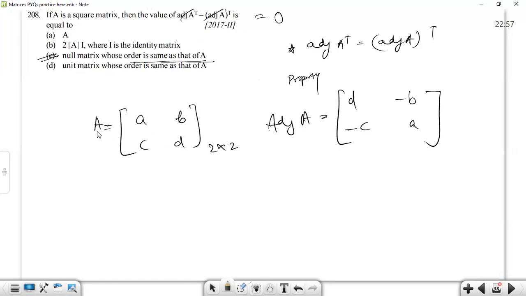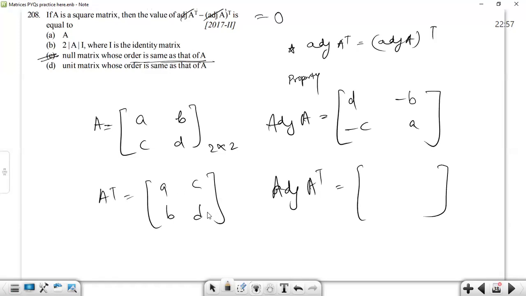So the adjoint of this matrix is this. Now the transpose of this matrix is a, b, c, d. Now let's find out the adjoint of A's transpose. We'll exchange the principal diagonal elements and change the sign of these.